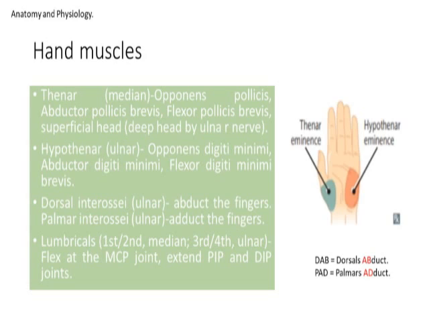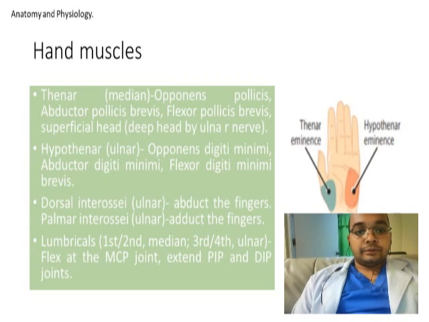The function of those muscles is to flex the metacarpophalangeal joint and extend the proximal interphalangeal joint and distal interphalangeal joint, like we see here on my hand. The lumbrical muscles flex the metacarpophalangeal joint and extend the distal and proximal interphalangeal joints. That is the correct function of the lumbrical muscle.